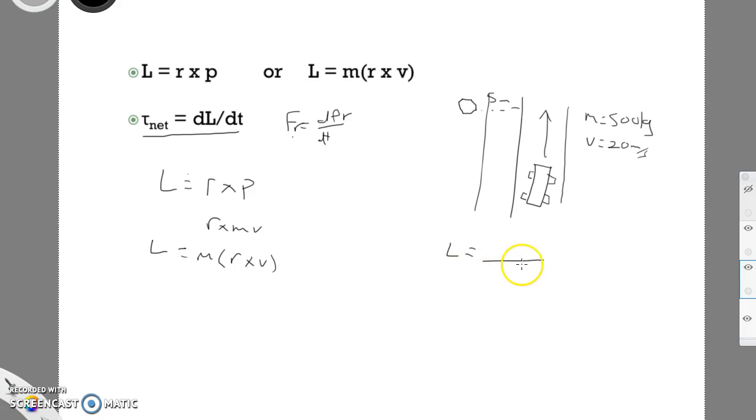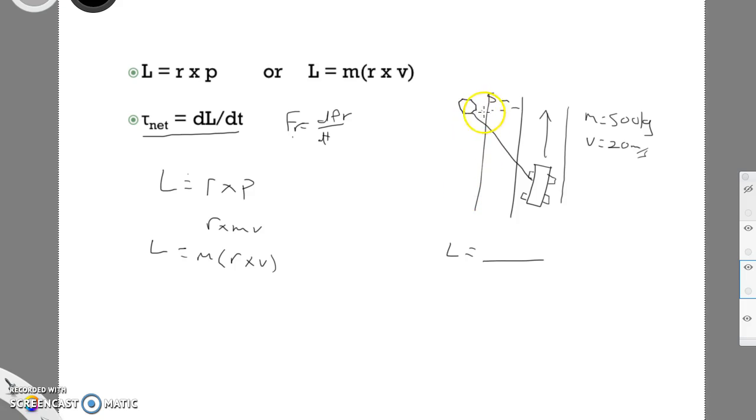Okay, well, to do this, we want to find r cross p or m times r cross v. So we could say that this is the radius, and that's the velocity, and then we'd have to find the perpendicular versions, or we could write vectors for them and do all that.